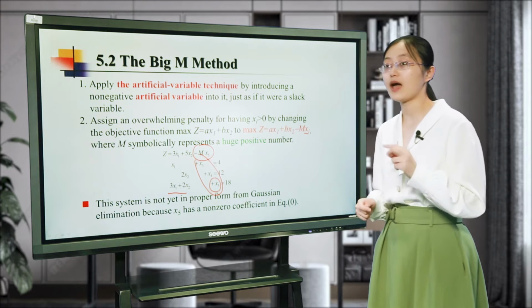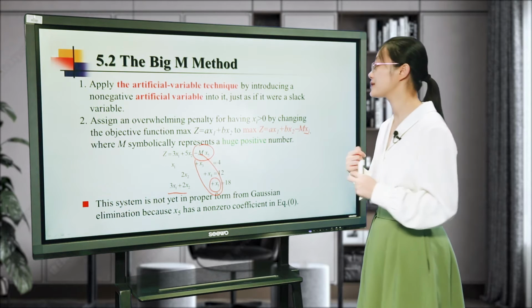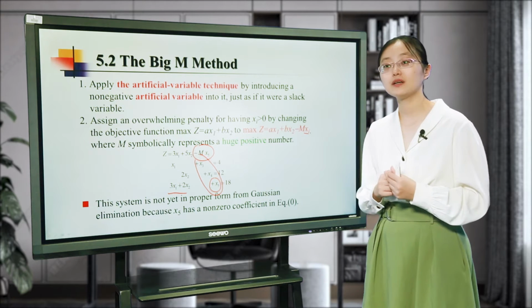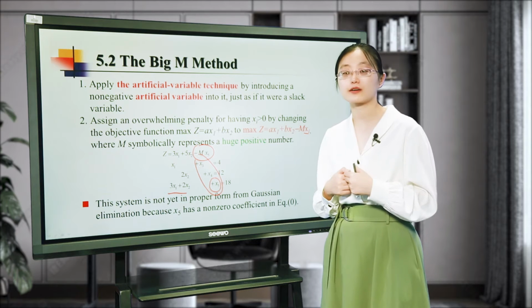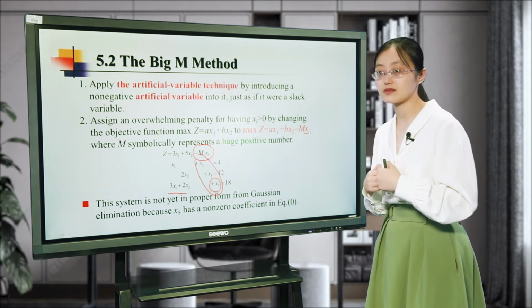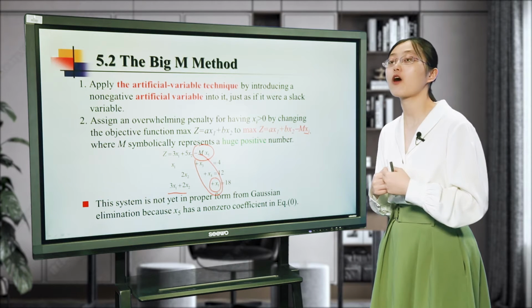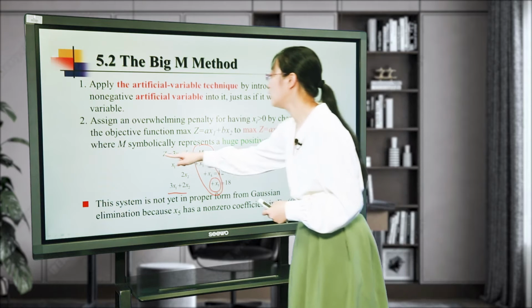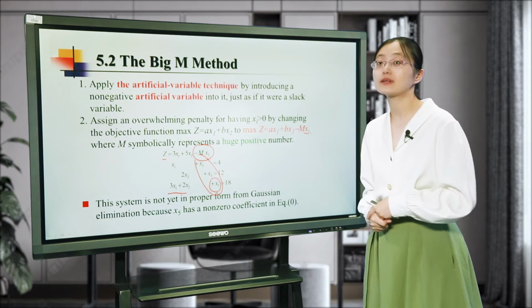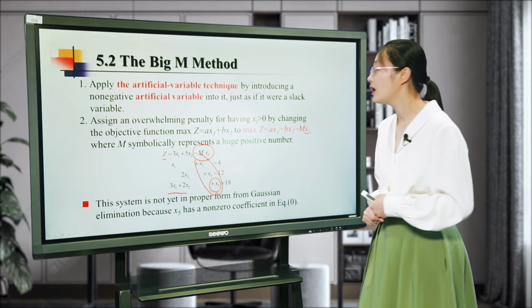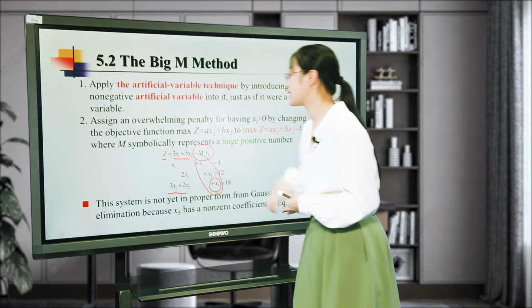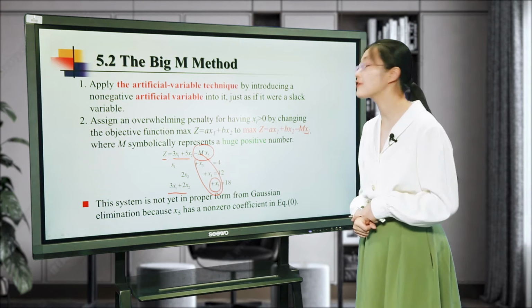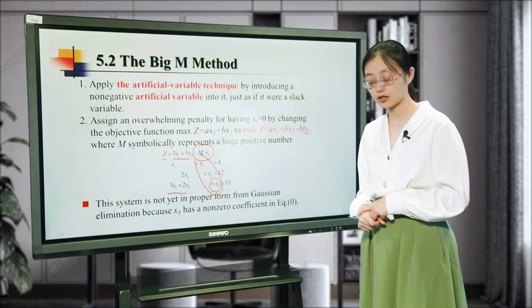However, we still have one more step before we start the simplex method, because as we saw from the earlier examples, in the simplex method we always want our objective function z to be expressed in non-basic variables only. Here we have non-basic variables x1, x2, but x5 is the artificial variable we introduced.